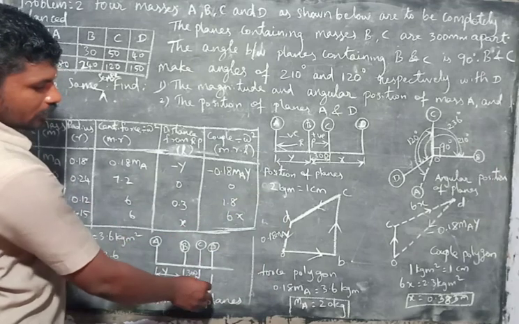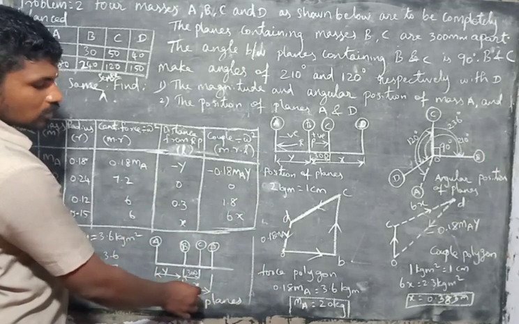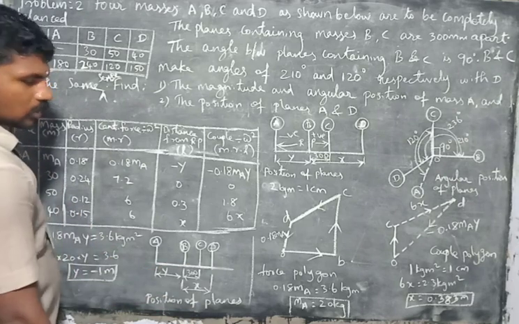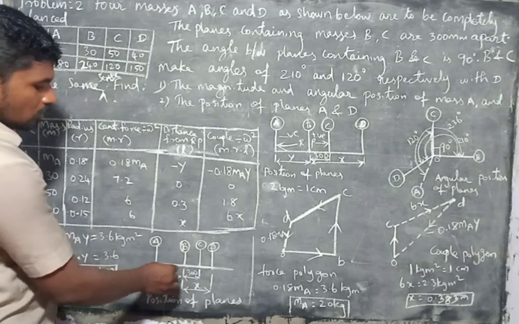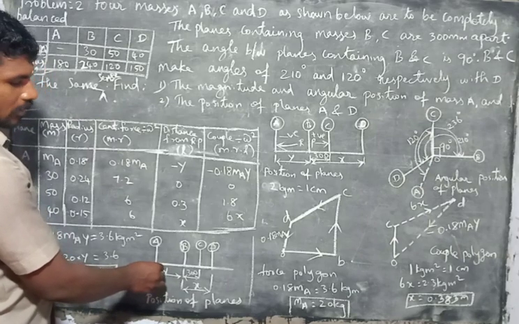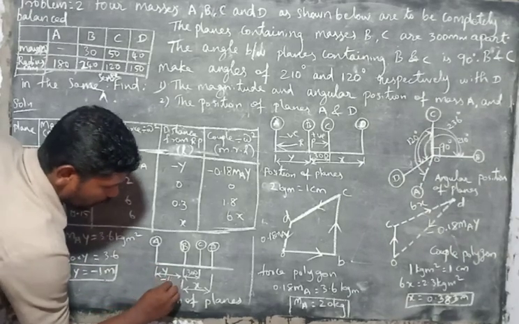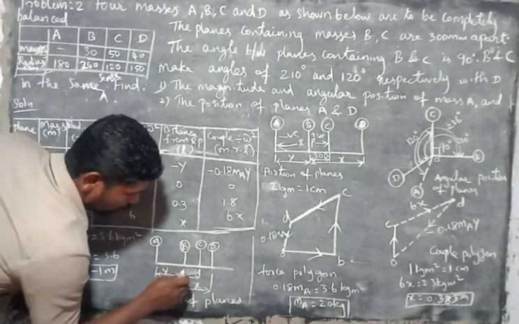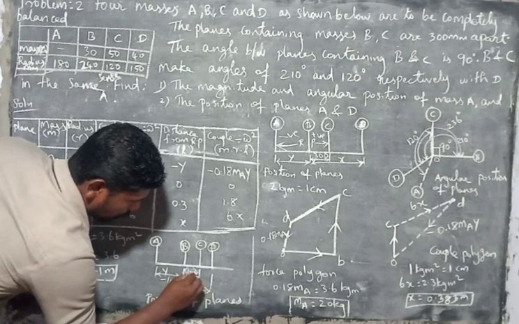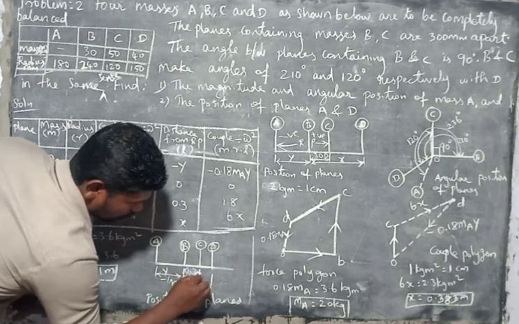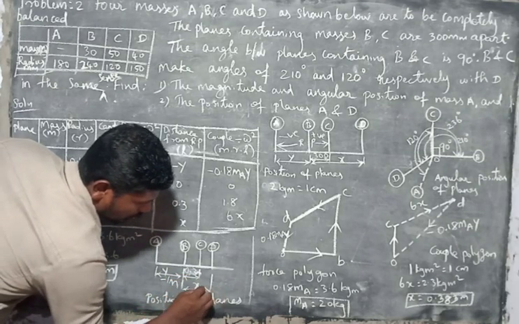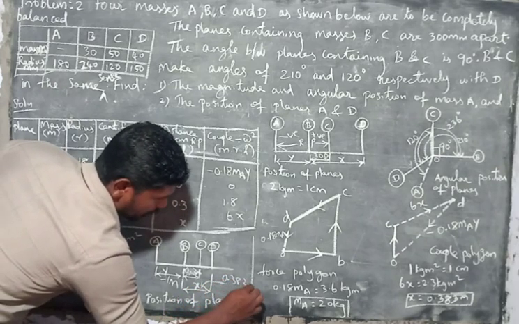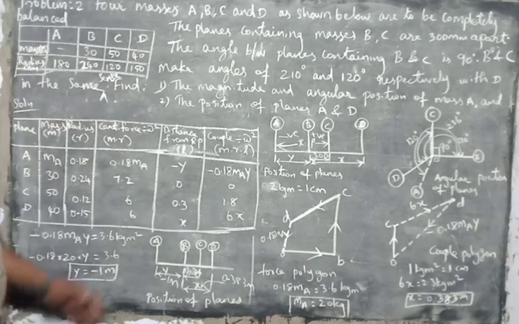Here we got minus 1 meter for y, this is 0.3 meter, and x is 0.383 meter. Okay, right? These are the conditions.